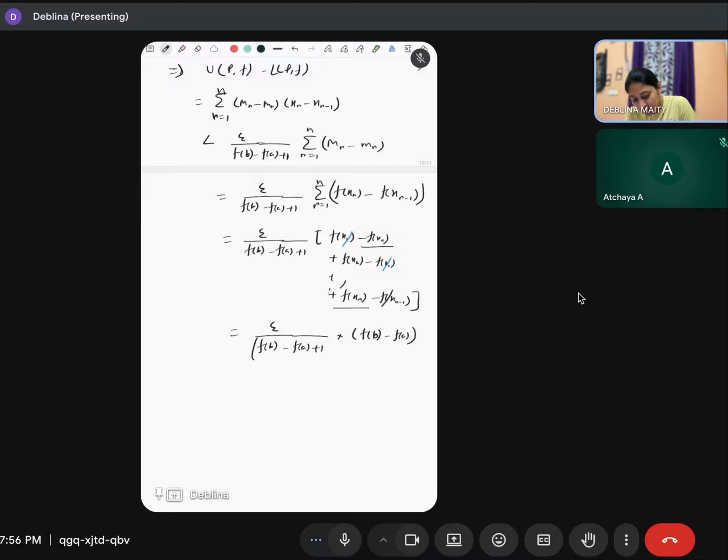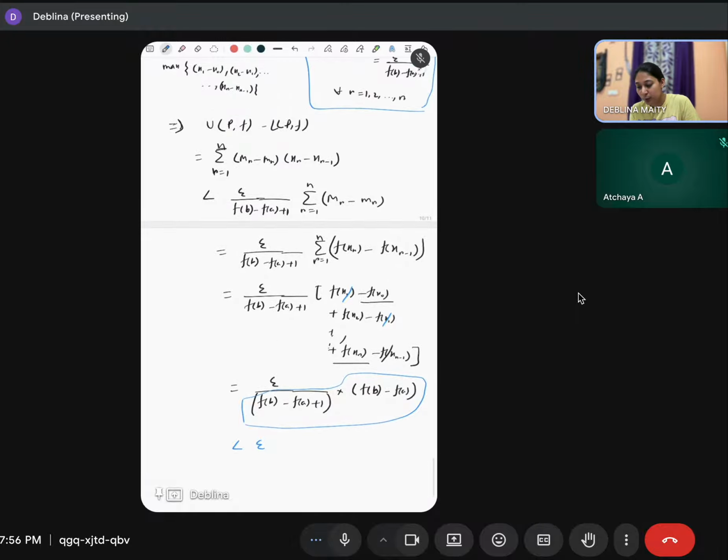Now this term is less than 1, because the numerator is f(b) minus f(a) and the denominator is f(b) minus f(a) plus 1. So this value is less than epsilon.